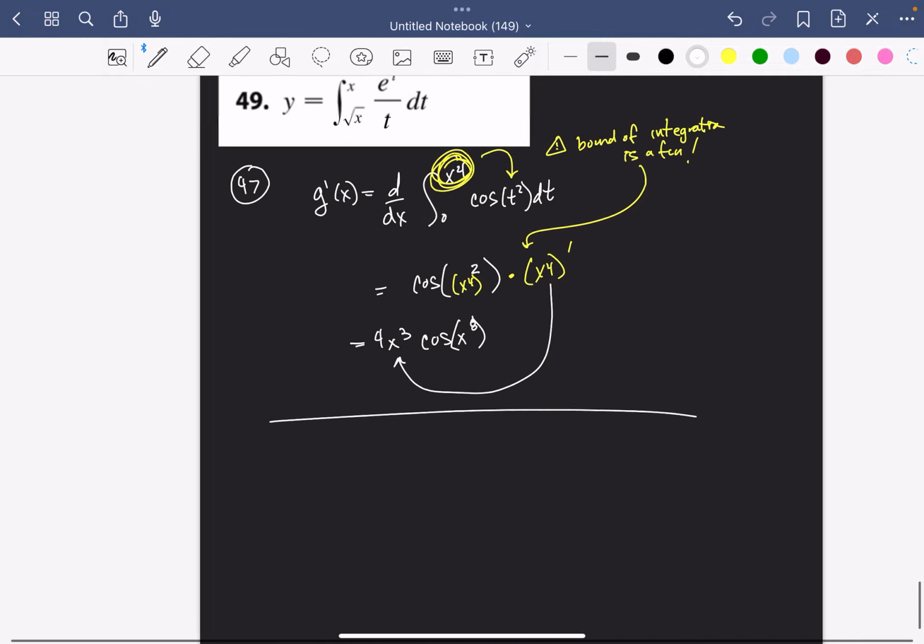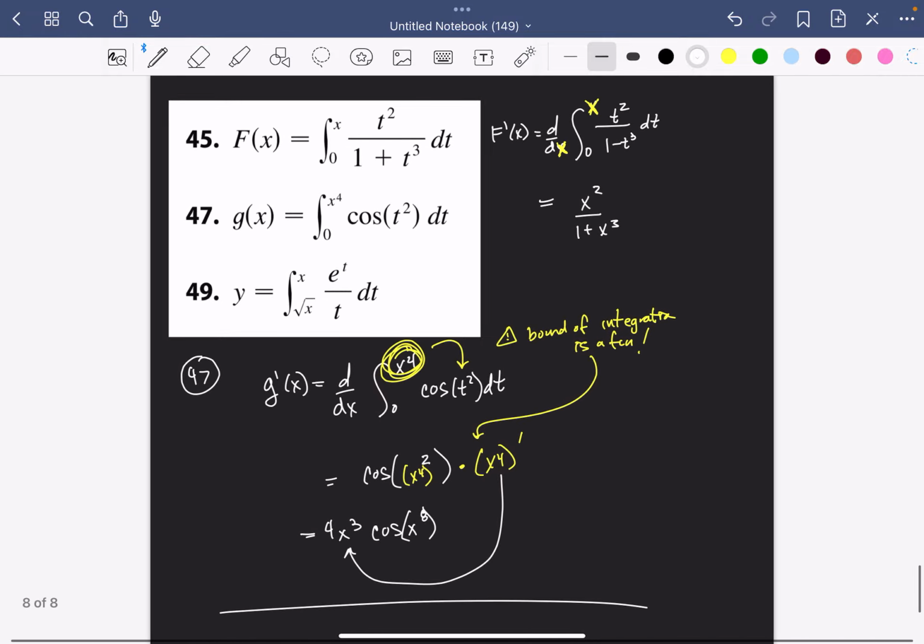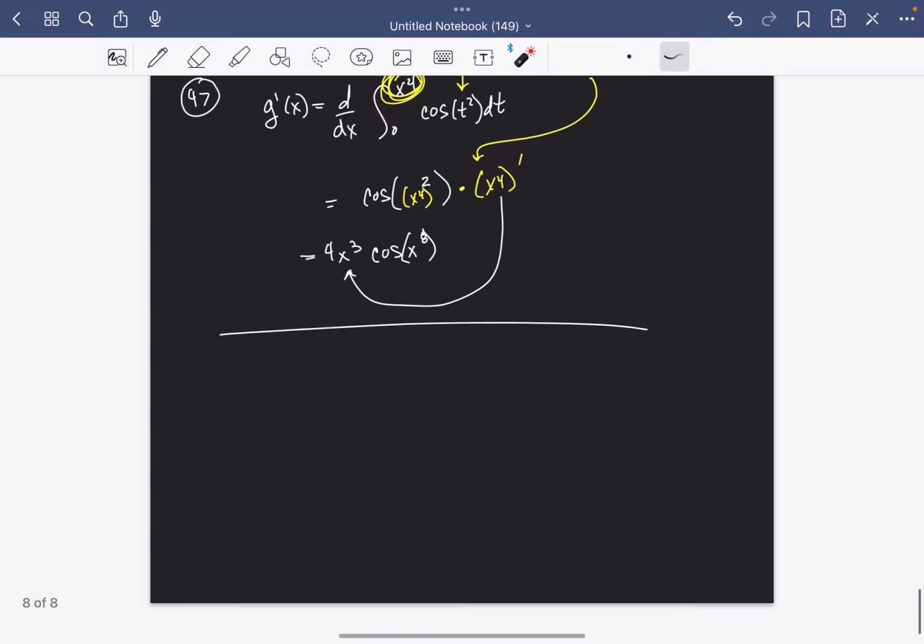Now the last one, so notice again, how are those two different? If you're taking the derivative with respect to x of an integral from a constant to x, these undo each other nicely, and you just plug in x. If you have the derivative with respect to x, and this is a function, they undo each other with this plugged in, but you also must put the derivative of that function on the outside.